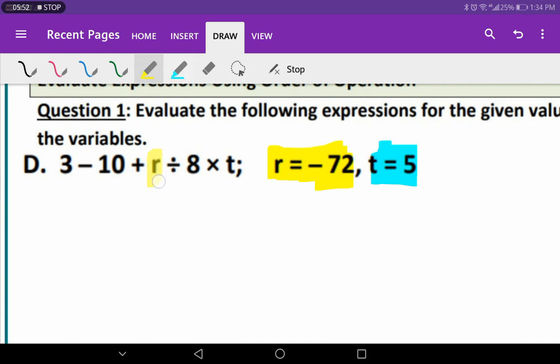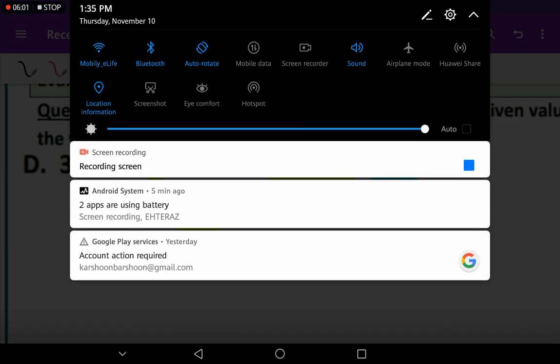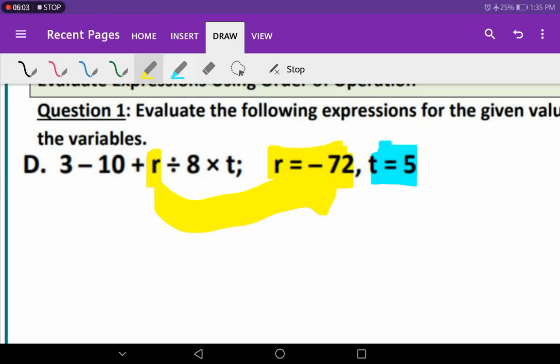So the r is negative 72, but the problem is how to write the expression correctly, especially if we have a negative sign.